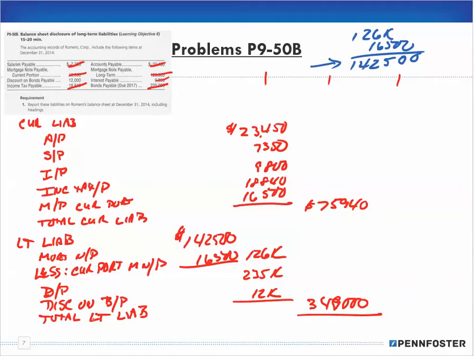Okay, and we're doing a mathematical calculation. So my total liabilities are going to be the total of those two together, and that's going to be $424,940, right?